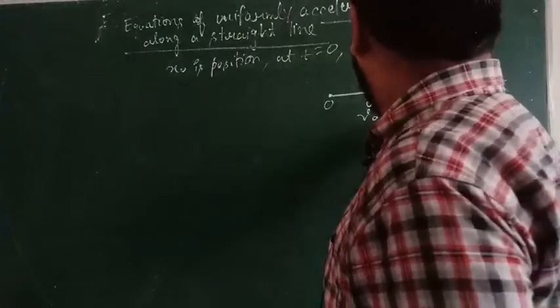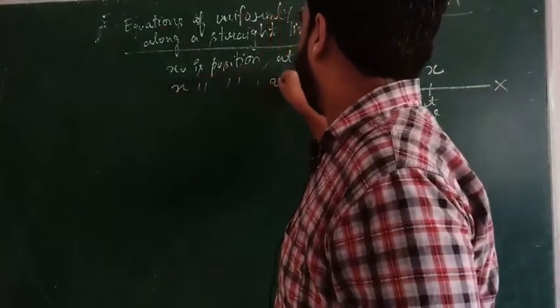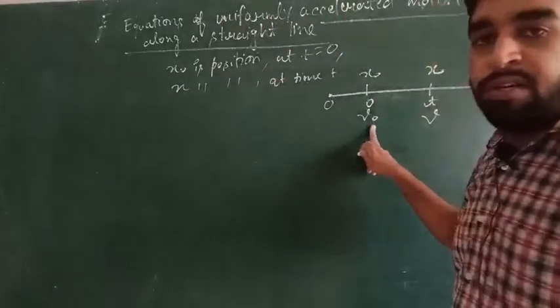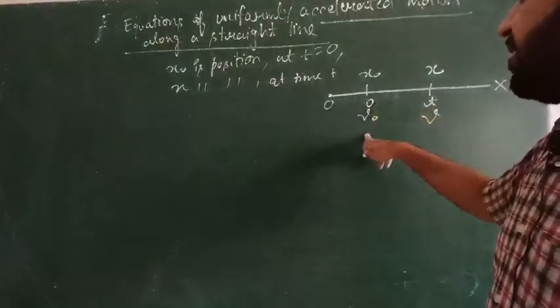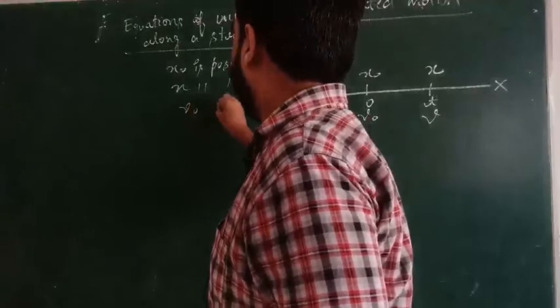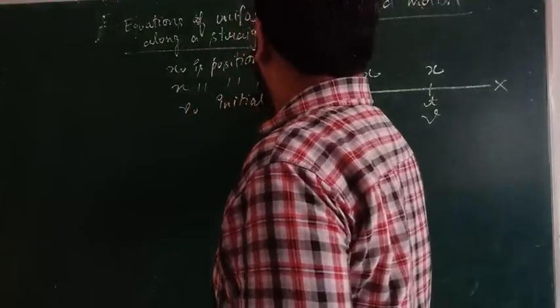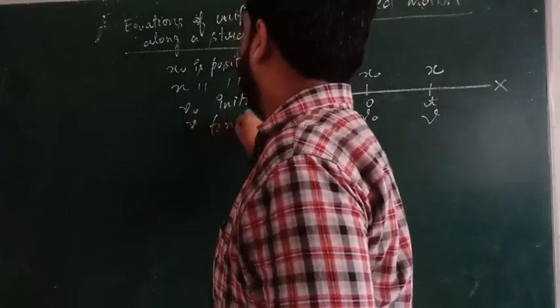Now what is x? x is the position at time t. What is v0? v0 is the velocity at the 0 instant, so we can say v0 is the initial velocity. What is v here? v is the final velocity.